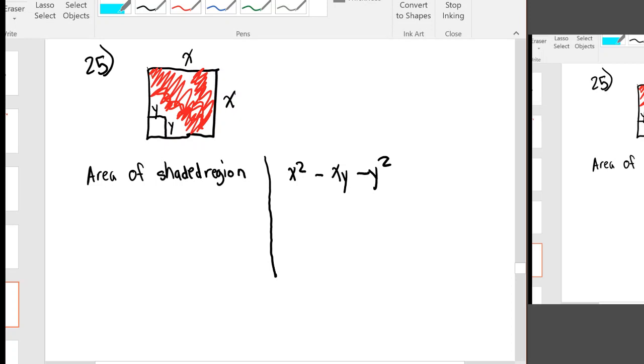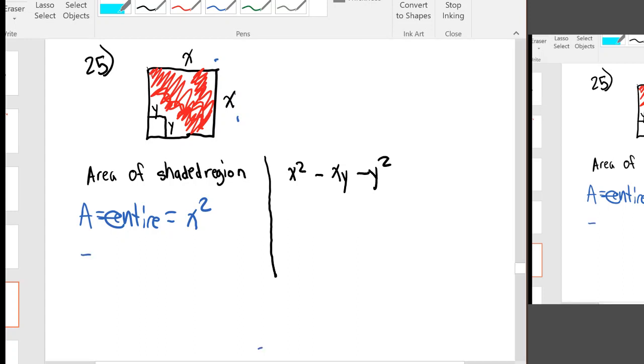So, if you're looking for the area of the shaded region, well, I know the area of the entire figure is x squared, because I have x times x, right? And that would give me everything. But I'm not looking for the entire region. I'm looking for the shaded region.